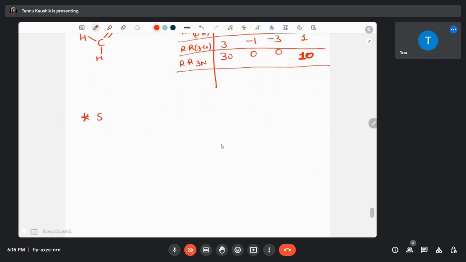We take another example, XeF4, which has square pyramidal geometry.